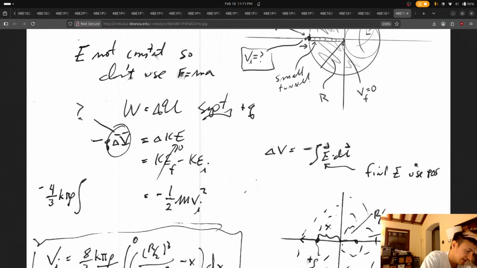Actually, wait. A, this is going to be R over 2. What am I doing? R over 2 cubed. But this needs to be x.